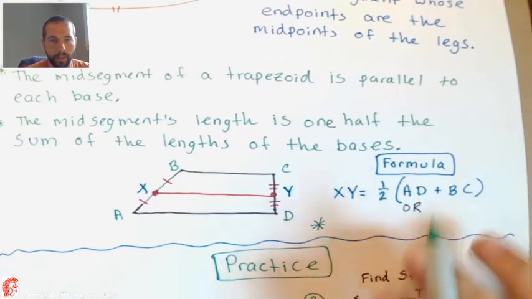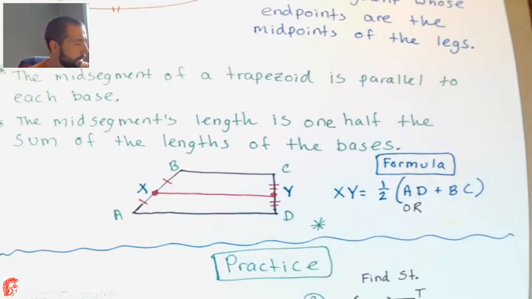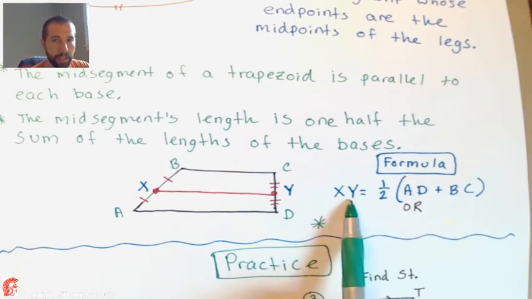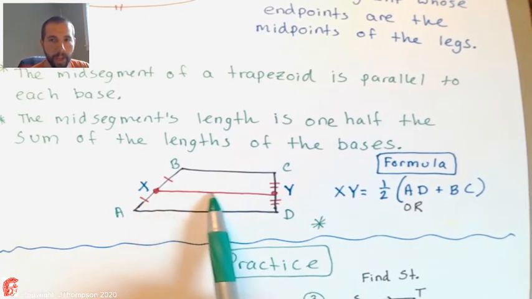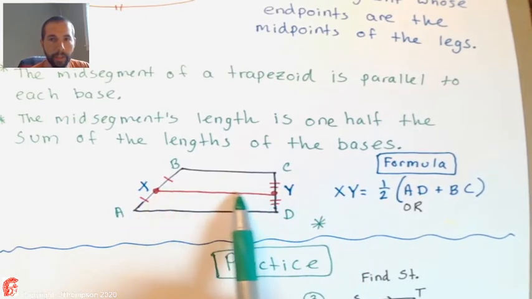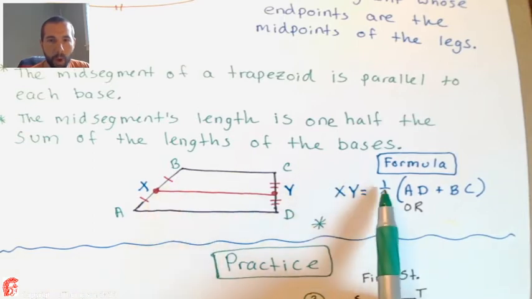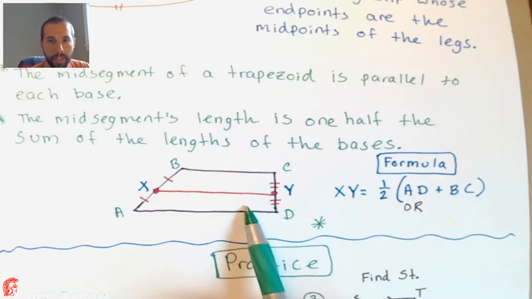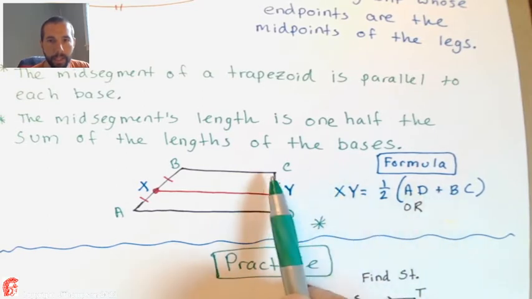Okay, so the formula for that is right here. The mid-segment's length, so in this picture that I drew, XY is the mid-segment. The length of that mid-segment is 1/2 of the sum of the bases. The bases are AD, which is the bottom, and BC, which is the top.